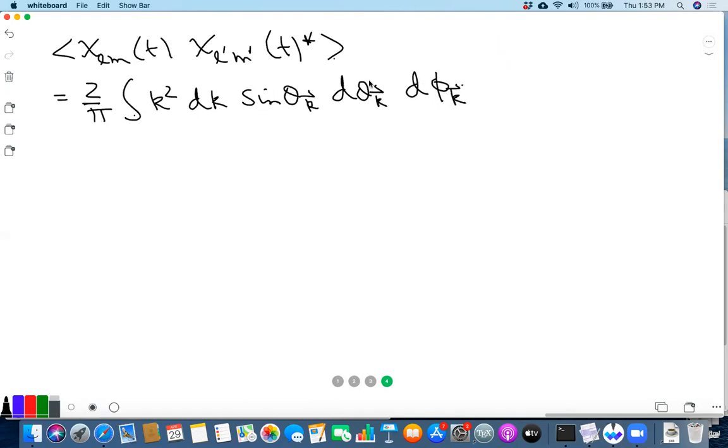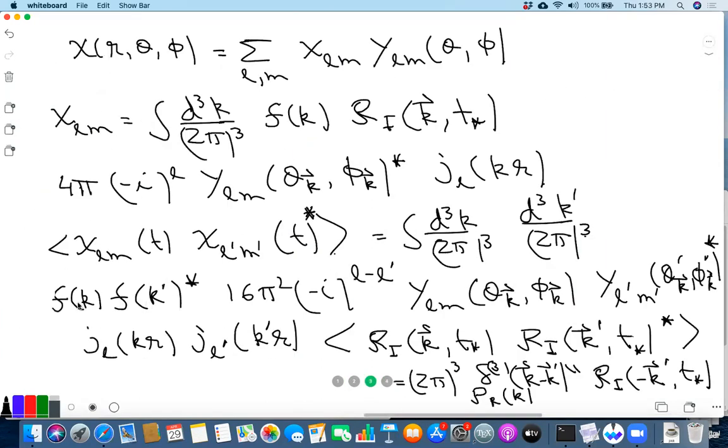This is spherical polar coordinates for k. Now you see here, k prime is the same as k. So this I can write as mod fk square, JL kr, JL prime kr. And then we have this thing. Let me write one more step.